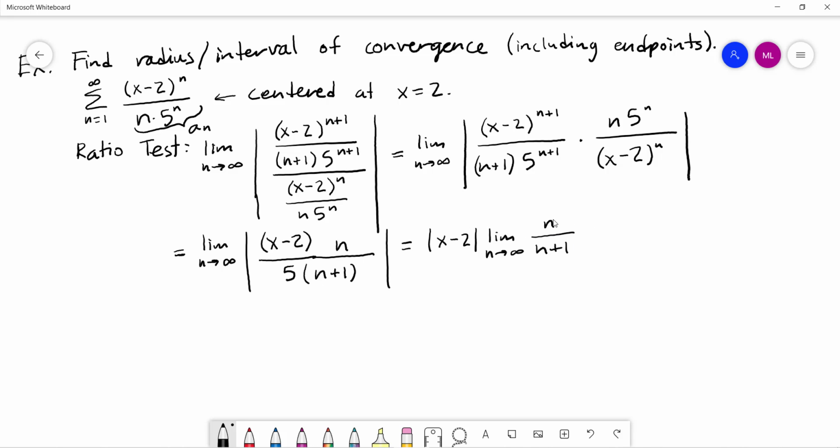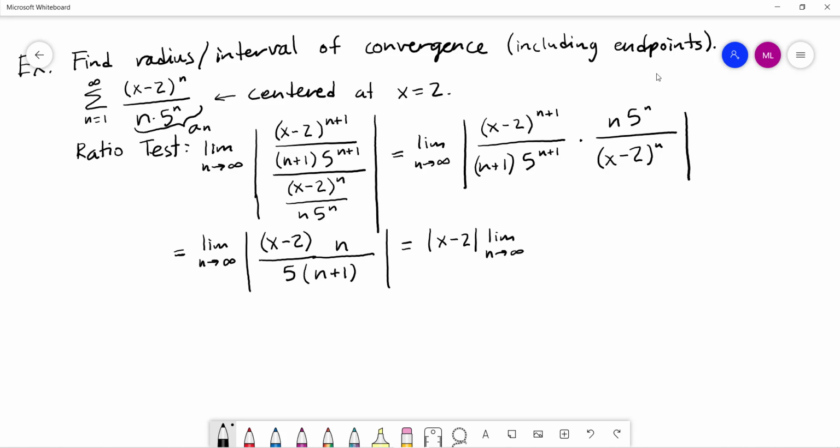What is that limit going to be? That limit is going to be 1 again. And so I'm going to just get x minus 2 times this whole limit, which is simply 1. So we just get x minus 2. Oops, I missed my factor of 5. This is very important. I can't skip that factor of 5. Let me go back and erase here. That factor of 5 can totally get pulled outside of the absolute value symbol as well because it has no bearing on n.